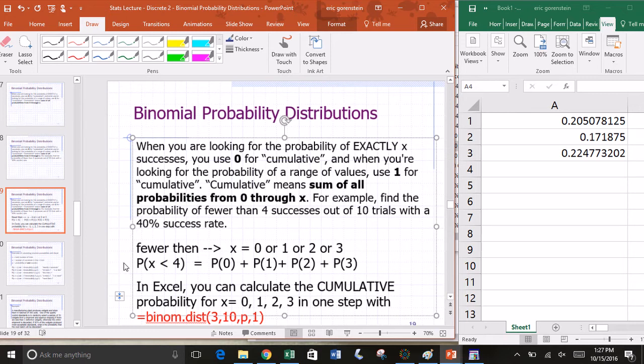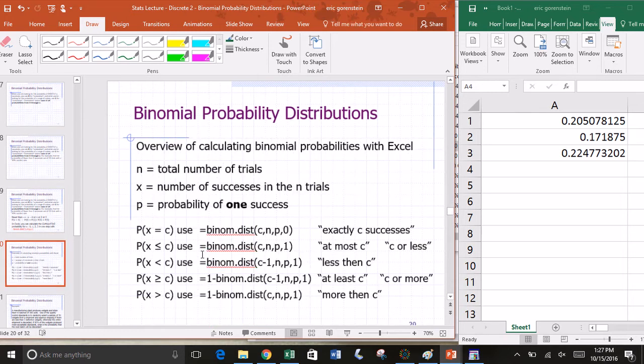But this is the exact same calculation we just did with rolling the dice and flipping the coin. Okay, so on Excel, you have these five different quantifiers: equal, less than or equal, less than, greater than or equal, greater than. So make sure you're using the binomial function the right way. If you want one specific x value, you won't use the cumulative function, exactly x.